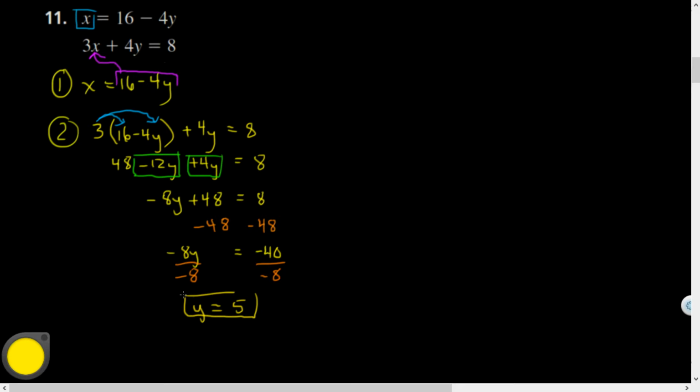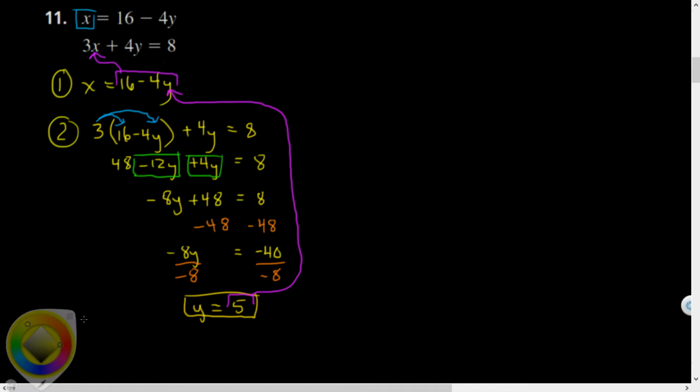But this is only half of the answer. So if y equals 5, what I will do is plug 5 in for y in the revised equation, the equation I had at the end of step 1. I prefer that choice because this equation is already solved for x. So that's going to make things a little easier.